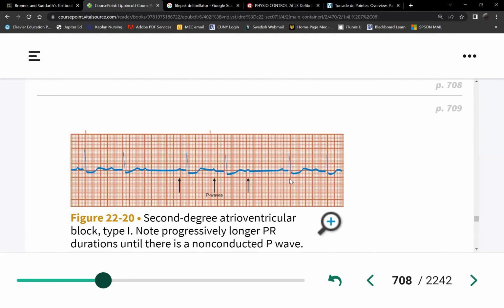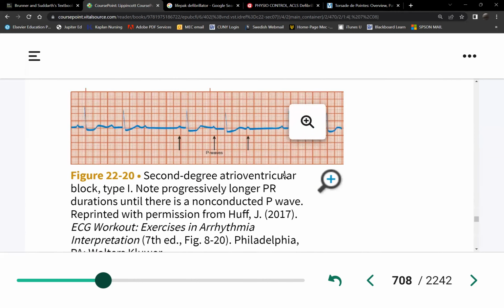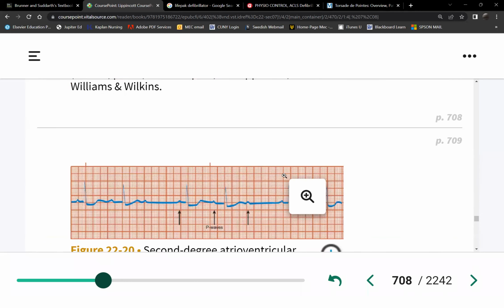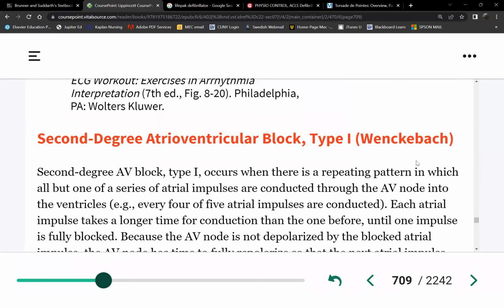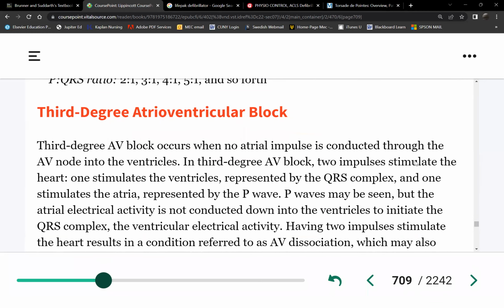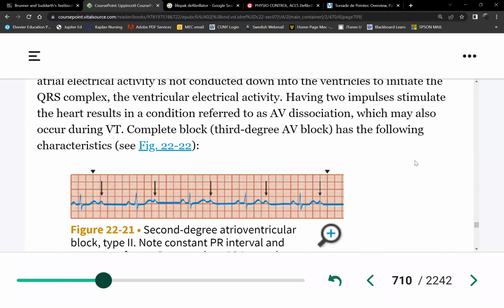Right, it's being dropped. Yeah, this is second degree type 2. Sorry, this one says type 1. Here's type 2.